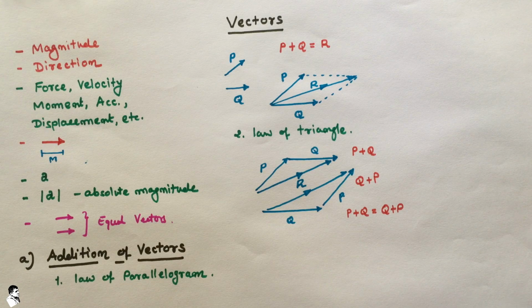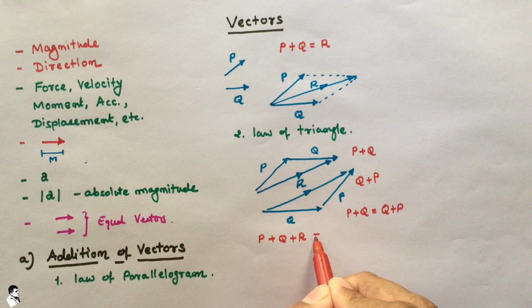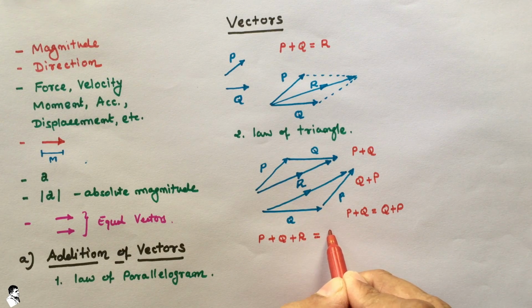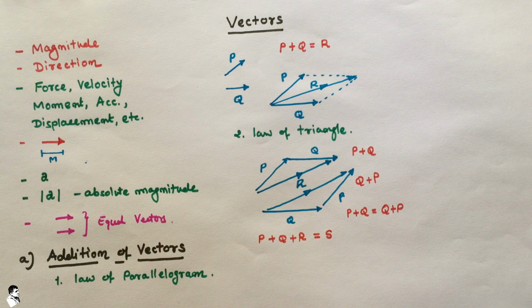If we write P plus Q plus R, these are the three vectors, and the addition of that will be a new vector, that is S.